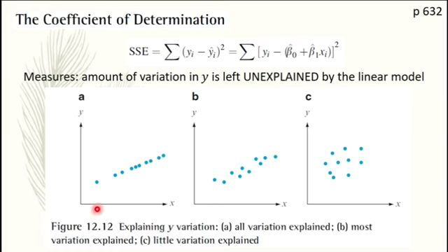As long as you know x, you'll immediately know what y is. So there's no variation that is not accounted for by this model. So in this example A, you'd expect SSE to be equal to 0.